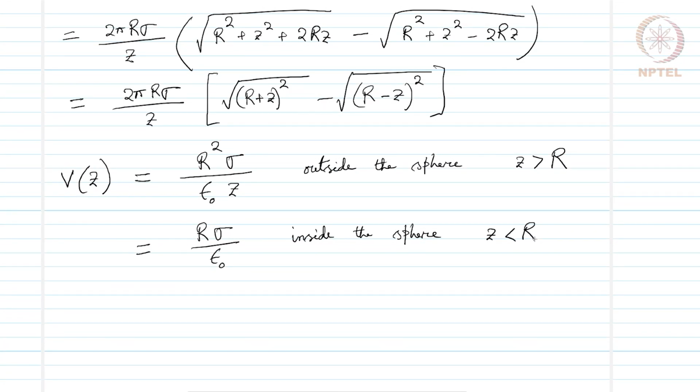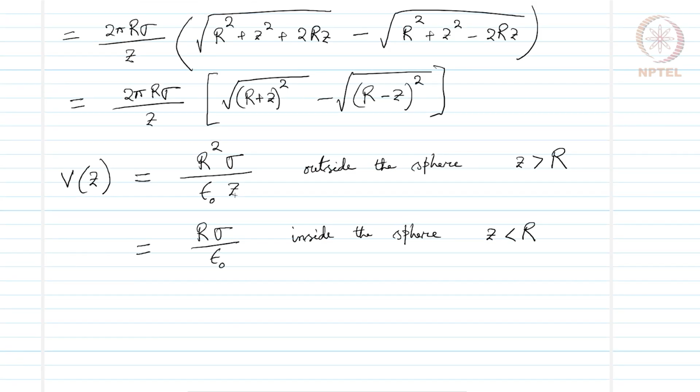So, we can see that outside the sphere the potential is a function of z, that is distance from the center of the sphere on z axis, because we have considered our point of observation on z axis. But inside the sphere, because we have considered a spherical shell and charge distribution on the spherical surface only, we have no charge inside the sphere.